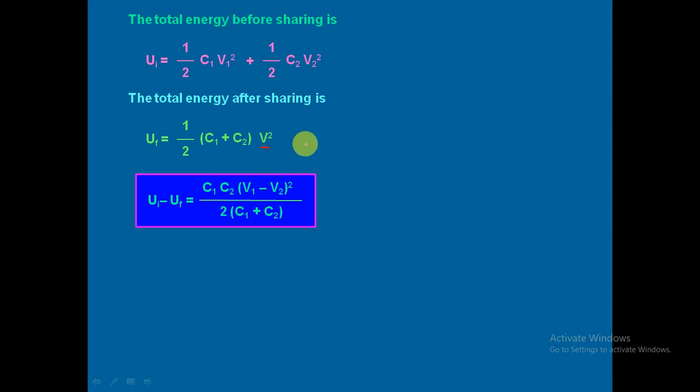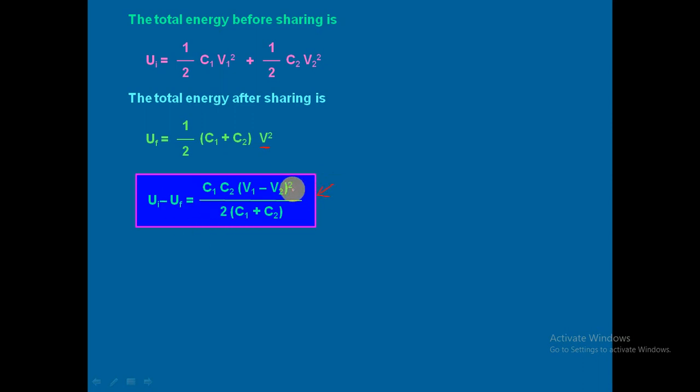The common potential we know is C1 V1 plus C2 V2 over C1 plus C2. Substitute this value in the expression, subtract both values, and a little simplification gives the difference in energies before and after sharing of the charges.